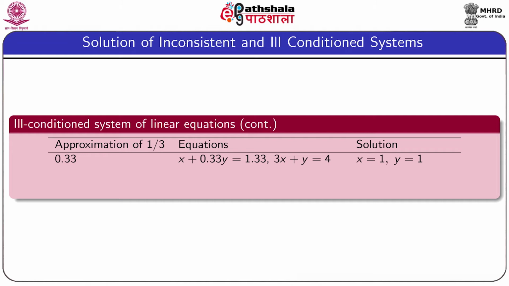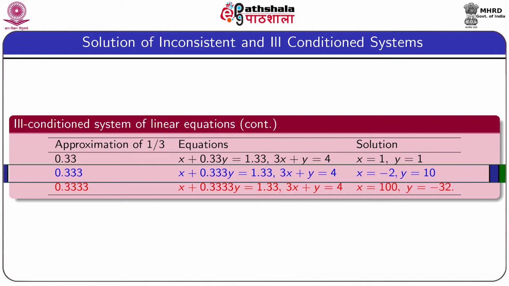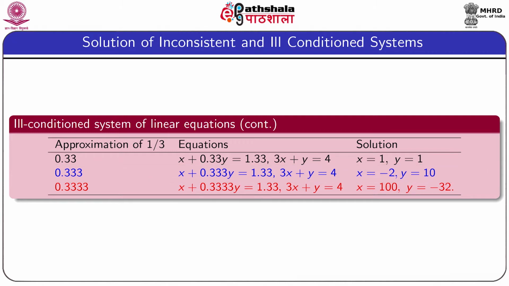The solution is x equal to 1, y equal to 1. If we approximate 1/3 as 0.333, then the first equation changes to x plus 0.333y equal to 1.33. The second equation is unchanged, and the solution is x equal to -2, y equal to 10.